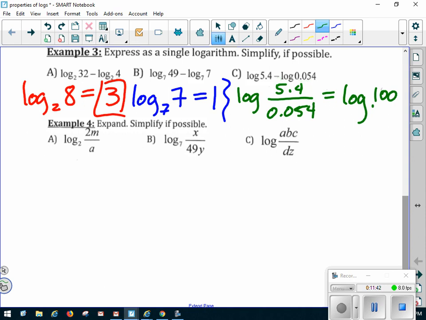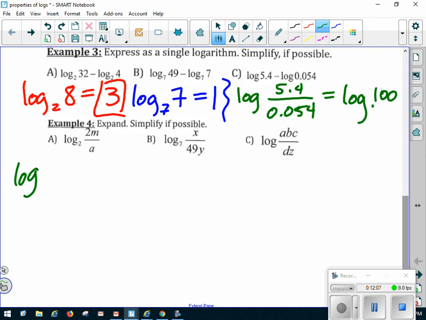Look at A on that bottom row. How can we expand that thing? With an addition. There you go.